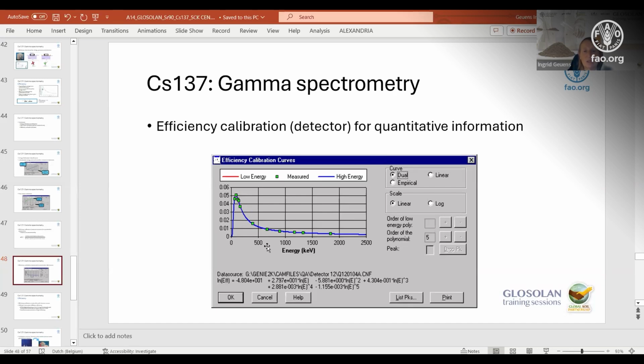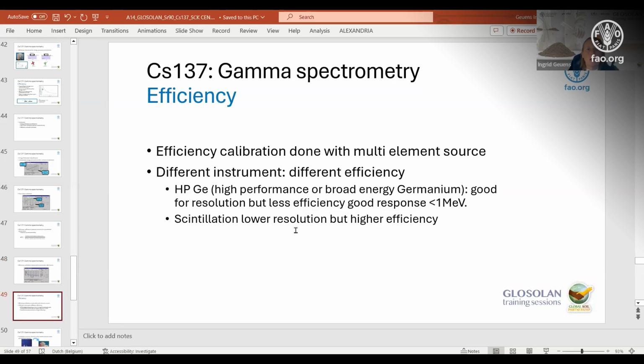However, there are a lot of gamma rays present, even for a small amount of material. So most of the time, it's no problem that the efficiency is so low. We can do efficiency calibration with a multi-element source, where you have different energies.